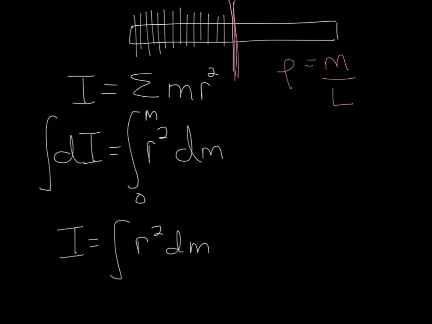Let's see what we have to do here in order to find this. We've got to define the distance from the axis of rotation. I'm going to consider this to be L over 2 and this to be L over 2 as the distance from the center of rotation. In fact, this would have to be negative L over 2, so that it is continuous.